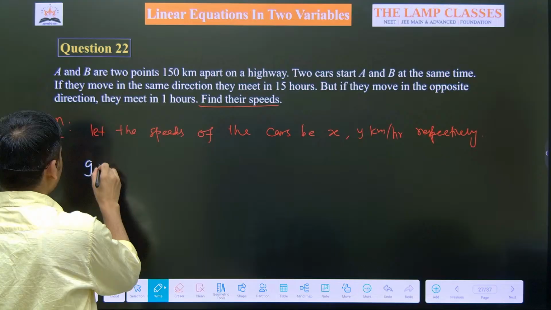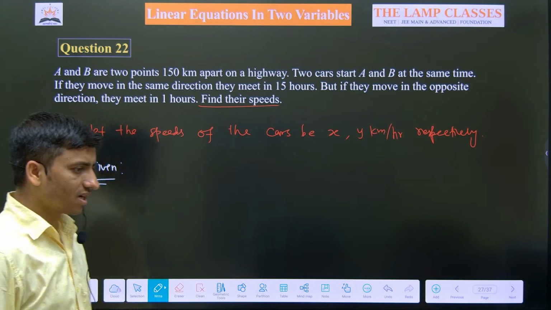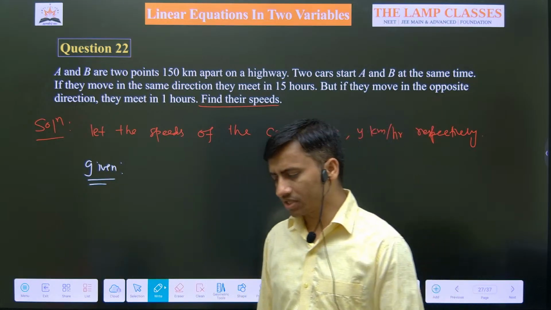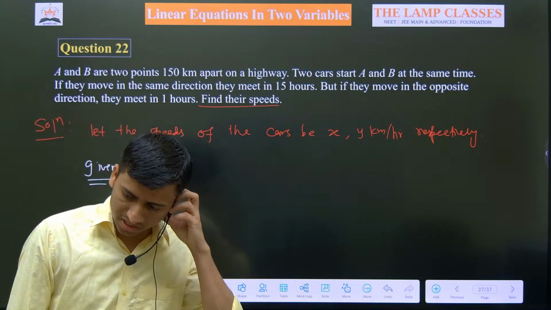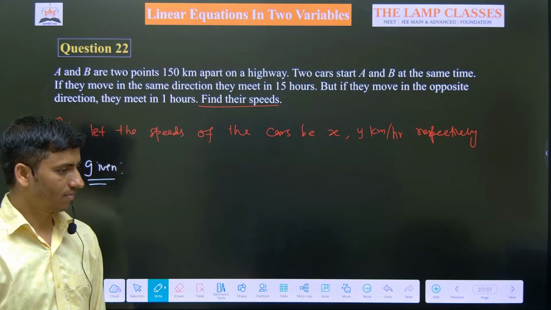They have given, let's consider the first scenario. In these kinds of questions, you remember there is one formula: distance is equal to speed into time, that physics formula. And from there you can calculate the speed if they give you distance and the time, or you can calculate time.